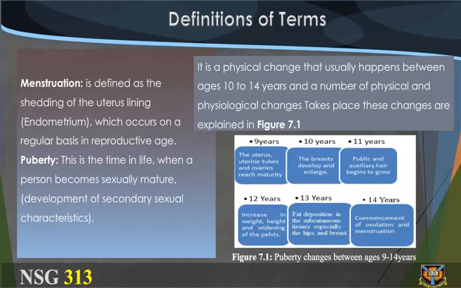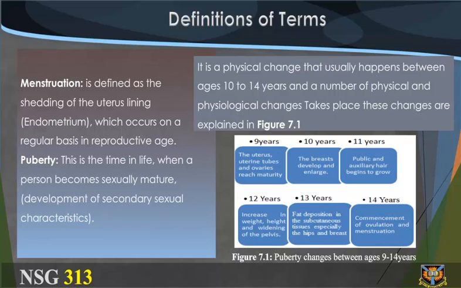Definition of terms. Menstruation. Menstruation is defined as the shedding of the uterus lining, the endometrium, which occurs on a regular basis in reproductive age. Puberty. This is a time in life when a person becomes sexually mature, with development of secondary sexual characteristics.